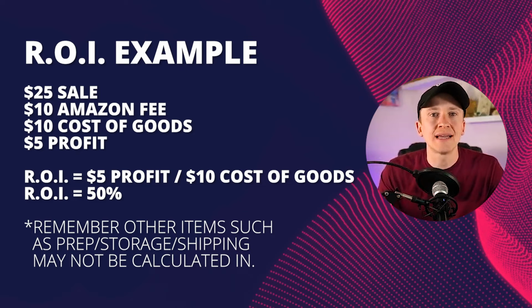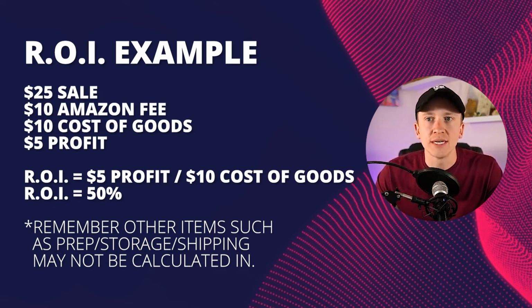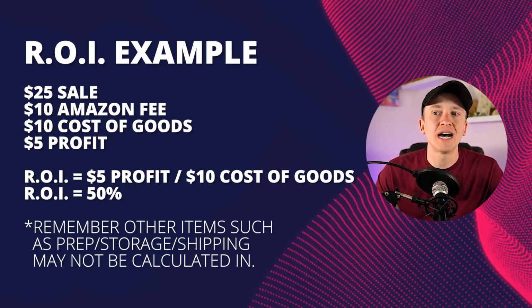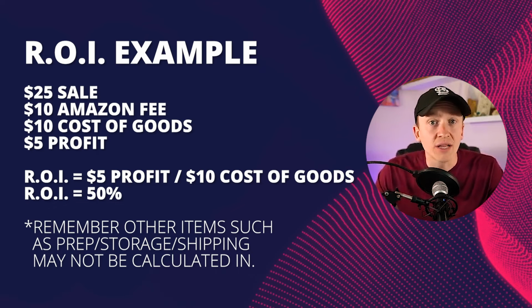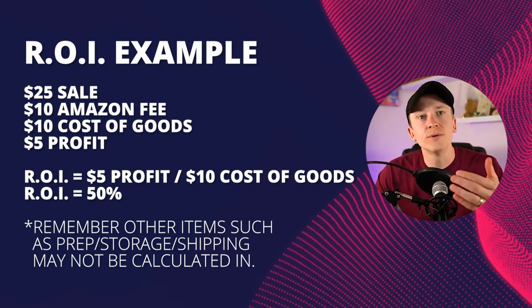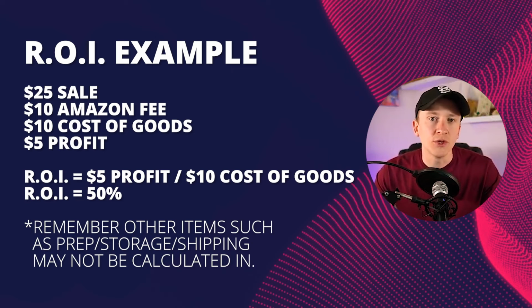Now, if we take a look at that same exact example for profit, we're looking at a $25 sale, $10 Amazon fees, $10 cost of goods, $5 profit. Well, your ROI is a $5 profit divided by your $10 cost of goods, giving you a 50% return on investment as you're evaluating these products, because it is truly just returning 50% of your investment back to you, on top of what you put out for that inventory, on top of the cost of goods.